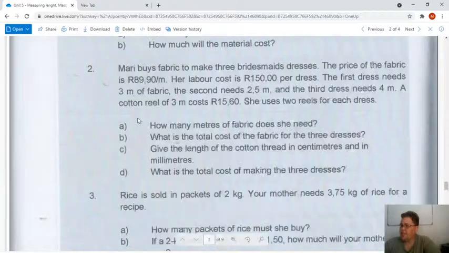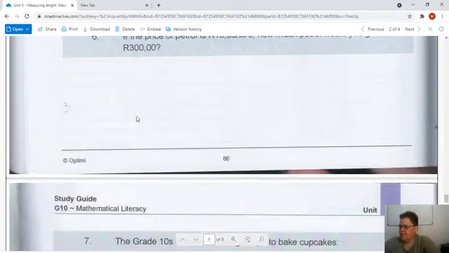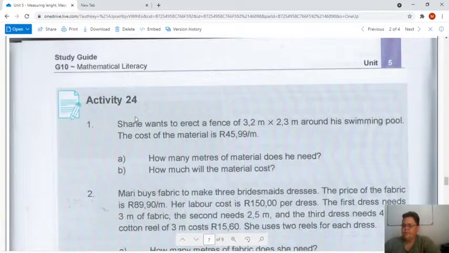On what page, ma'am? It is on page 86. So it's page 86 of the textbook, and it will be unit 5 on the cloud, which says measuring length, mass, etc. It is Unit 5, yes, Wesley.